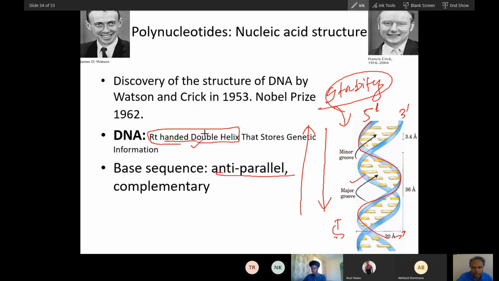So this is the double-stranded helical model of DNA. It was proposed in 1953 and got the Nobel Prize in 1962.